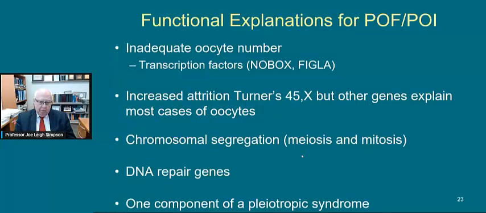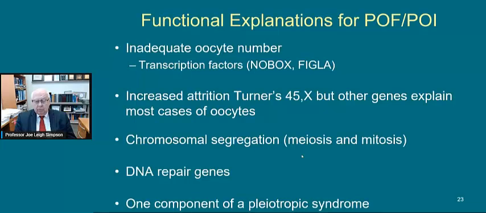It's the same phenomenon of decreased number of oocytes, but it occurs much more rapidly. The other three areas are new, and we have not thought about these too much in OBGYN in terms of the explanation for lack of a full complement of oocytes.